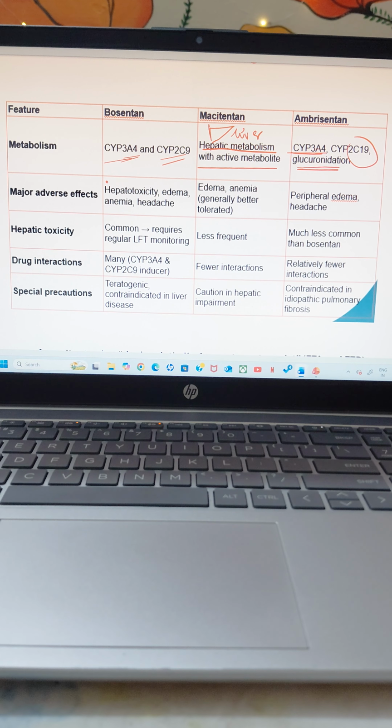Major adverse effects for Bosentan are hepatotoxicity, edema, anemia and headache. For Macitentan, it's edema, anemia, and it is generally better tolerated. For Ambrisentan, it's peripheral edema and headache. If we talk about hepatotoxicity, it is common for Bosentan and requires regular LFT monitoring.